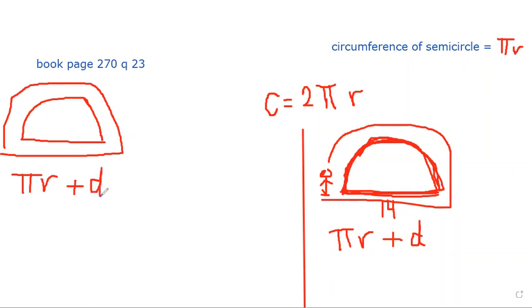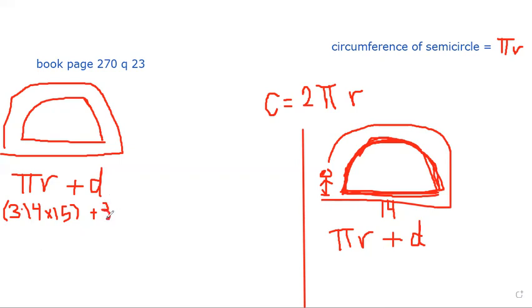Then in this one, he said that the diameter was 30. Right? Then we will calculate first pi r, which will be how many? 3.14 times 15, plus the diameter, which was how many? 30.